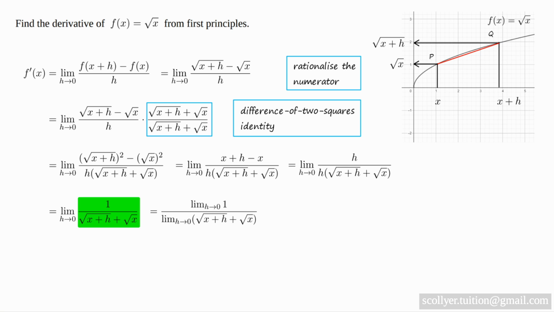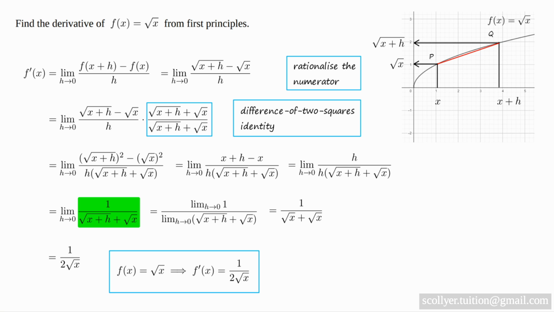Now, the limit as h tends to 0 of 1 is 1, since 1 is a constant and does not vary with h. And we will see later that the limit of the denominator is √x + √x, so we obtain 1 over (√x + √x), which is 1 over 2√x.